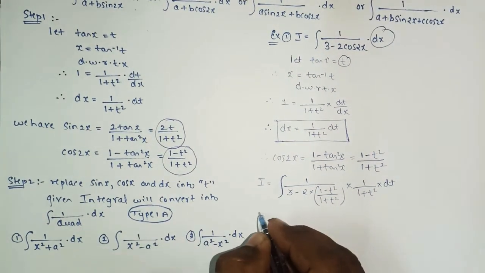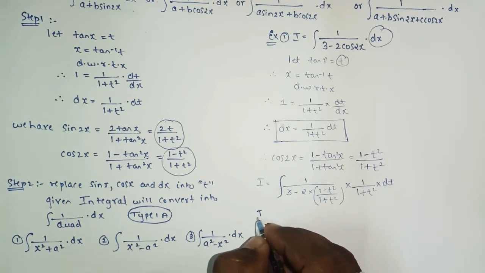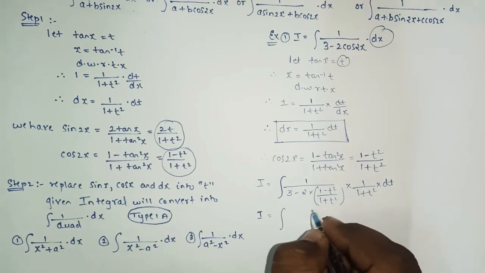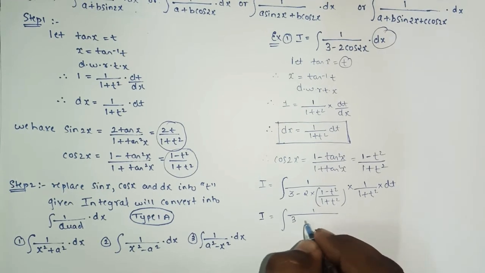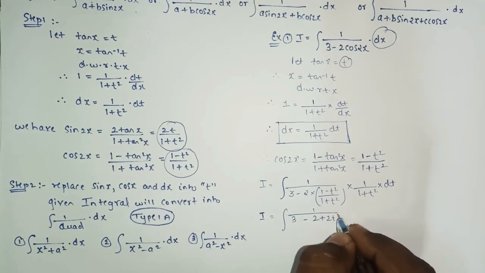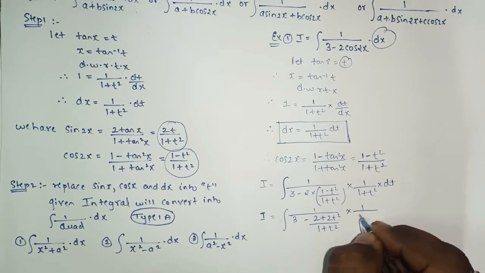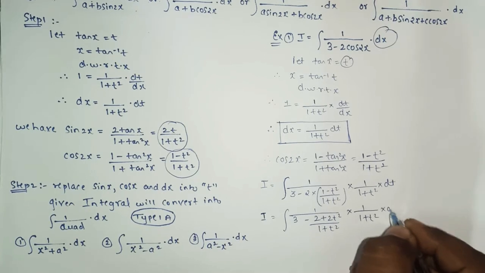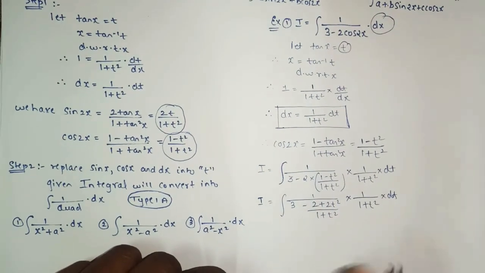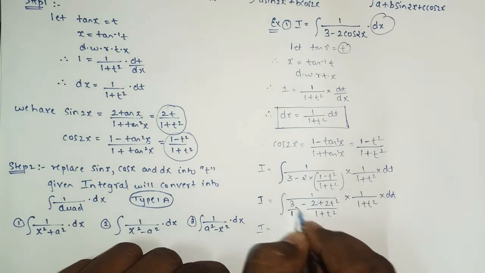Okay, so next step, we can write this as I equals integral 1 upon 3 minus bracket open, so here you will get 2 plus 2t square upon 1 plus t square, into 1 upon 1 plus t square into dt. Yes or no? So next step, I will be equal to, here nothing is there, so we can write 1, cross it.